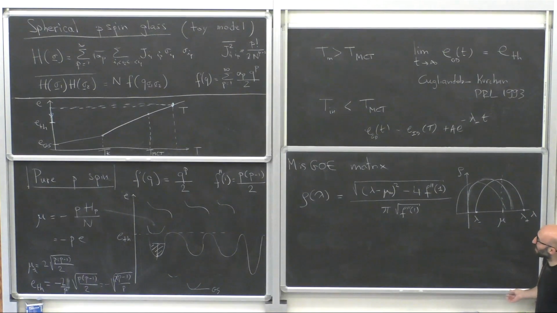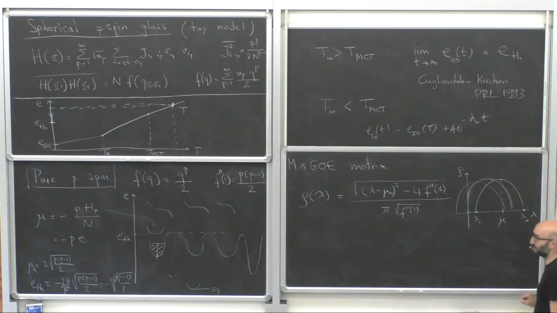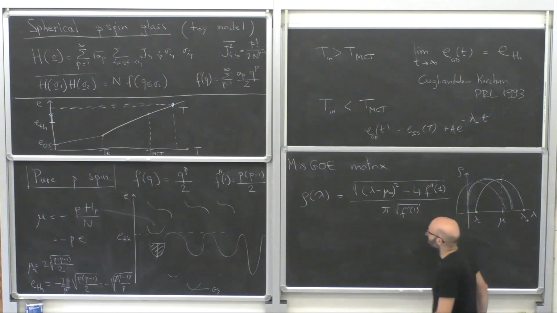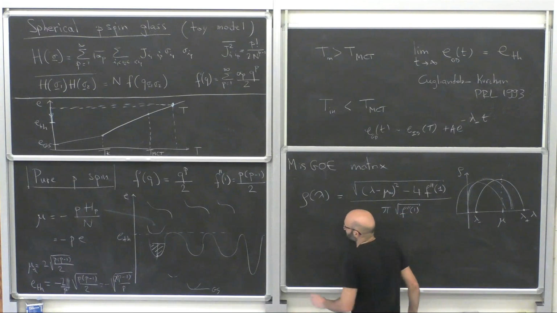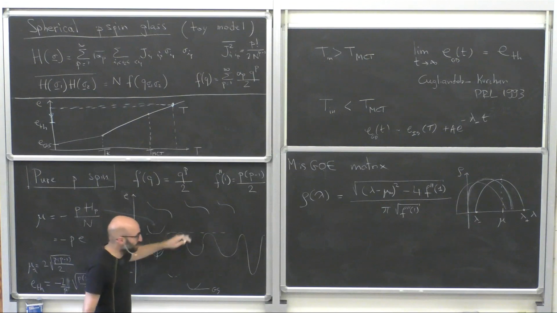So how does the energy relax to the threshold? Well, we don't know. You have to solve numerically these DMFT equations, but there is a simple argument that is maybe not exact, but it gives you an idea. I know that the energy is asymptotically going to this threshold energy.